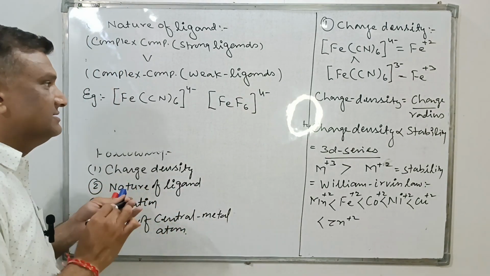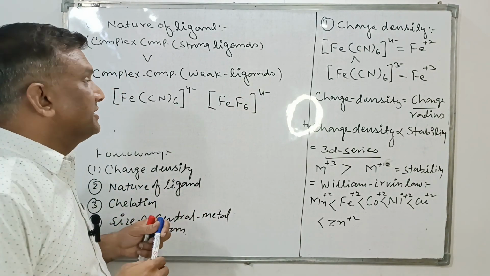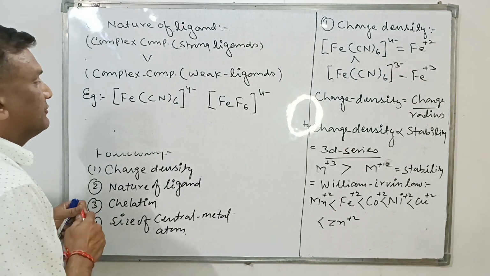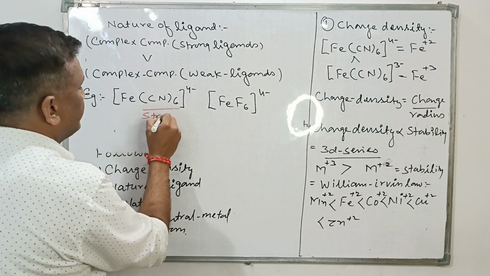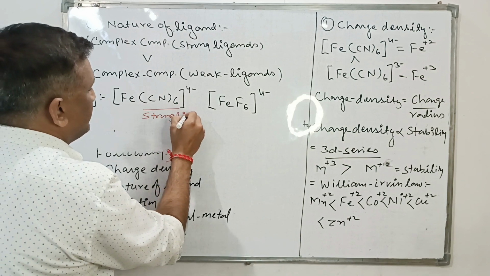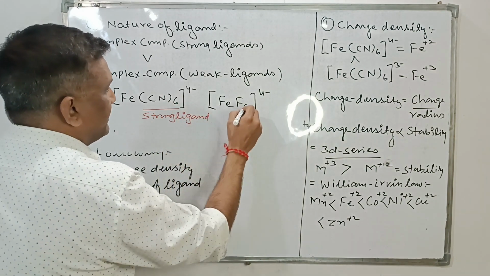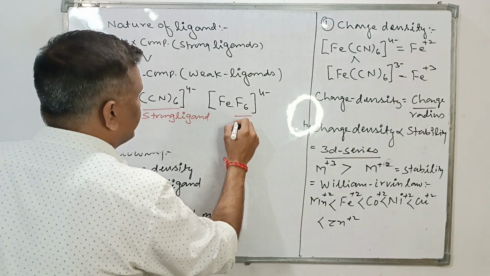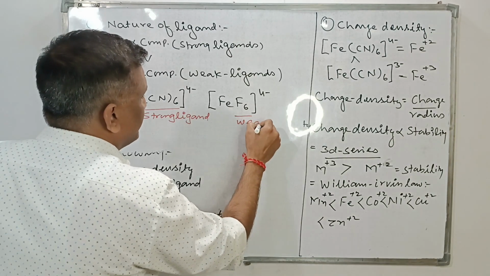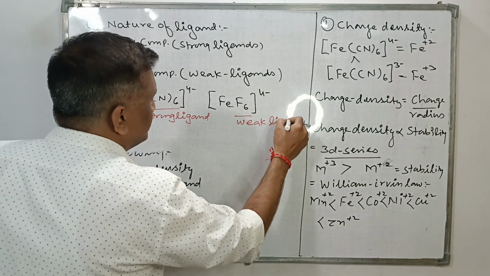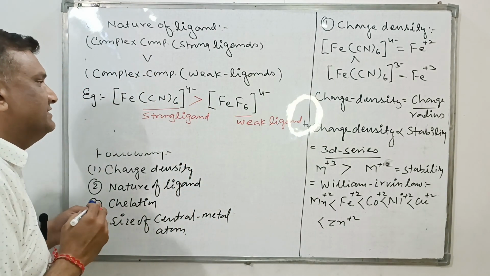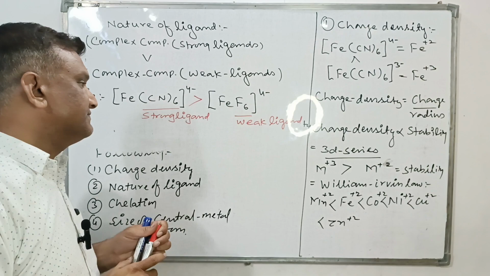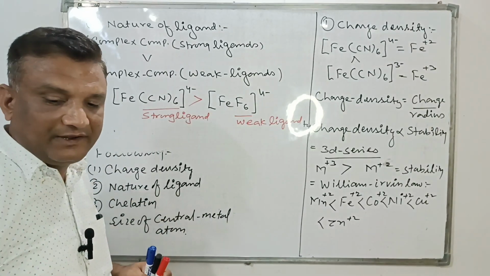Both are complexes of Fe, but you can see CN is a strong ligand, and F is a weak ligand. So the stability will be higher for [Fe(CN)6]4-. This was regarding the second factor.